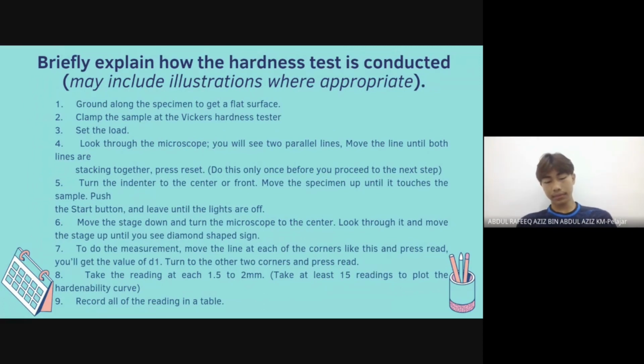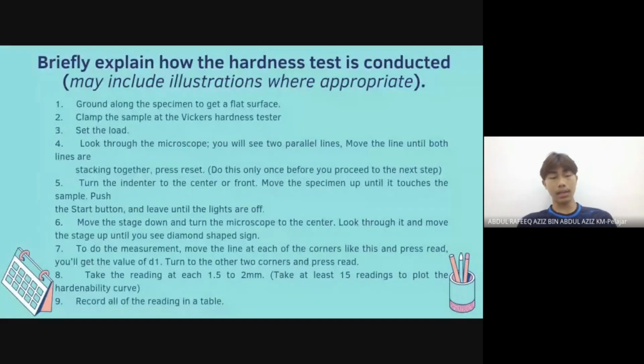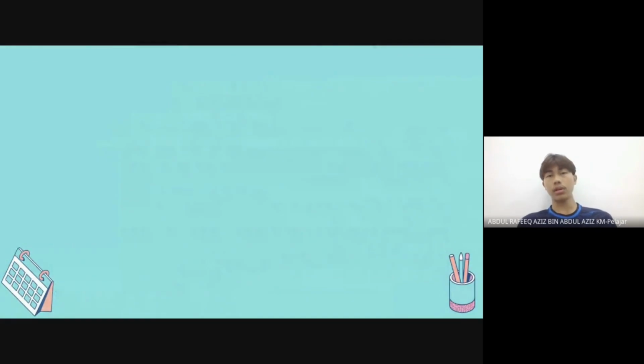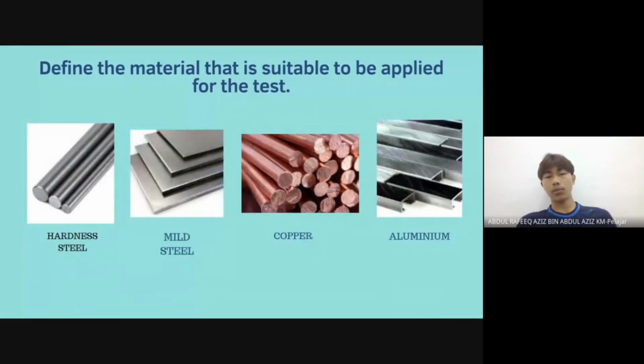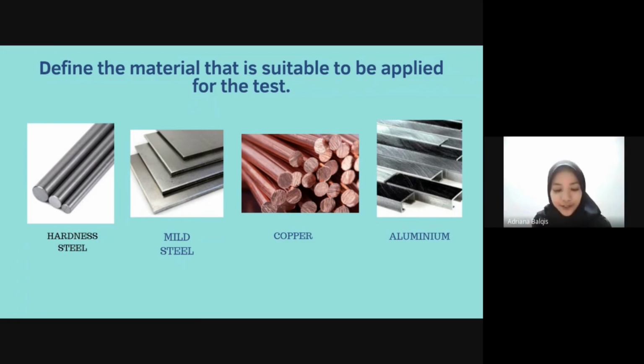So next, we need to define the materials that are suitable for the test. So Miss Adriana, can you tell us? Thank you, Rafi, for briefing how the test is conducted. For this part, Rockwell testing is the most used method for alloys and metals since it produces results fast.